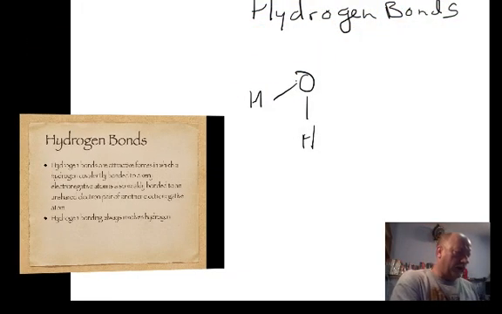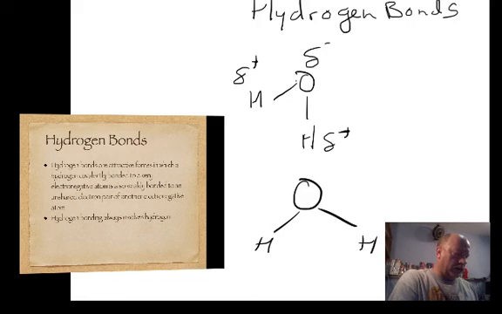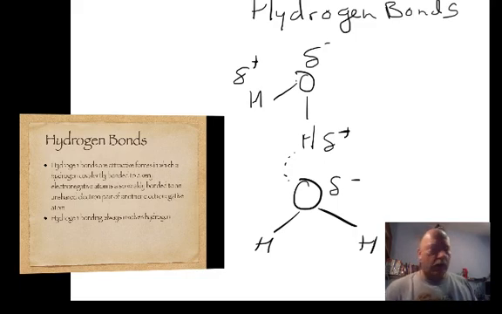So the oxygen gets to be negatively charged, the hydrogens become positively charged, and as they meet other water molecules, they have that same thing. And so now you've got a bond between these two. So it's very similar to what we were talking about in dipole interactions.